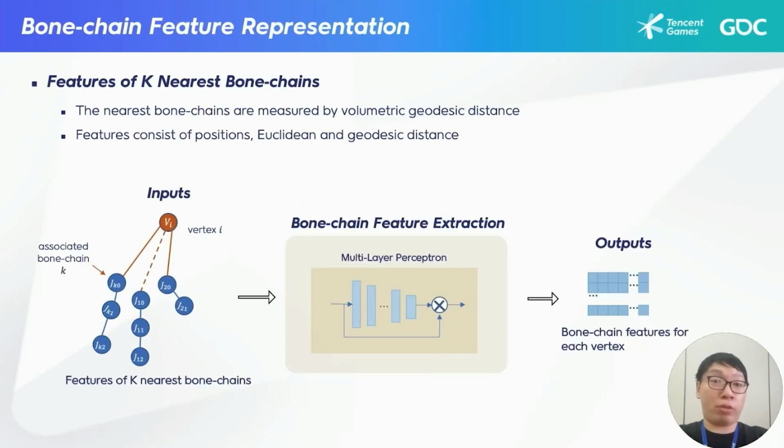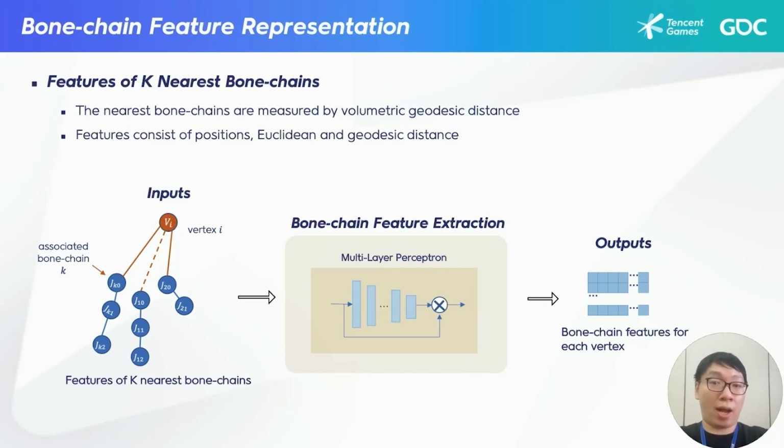The bone chain feature representation module is the final component of the full skinning neural network. It takes the features of the k-nearest bone chains as input, which are measured by the geodesic distance between the vertex and the bone chains. The features include the joint positions on the bone chain and the geodesic distance from the vertex to the bone chain.